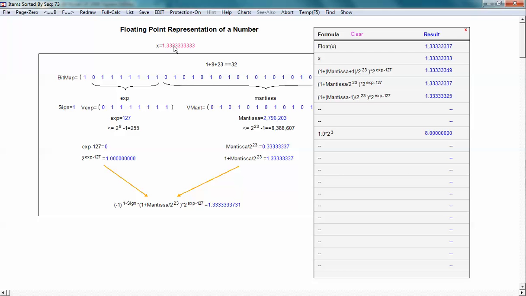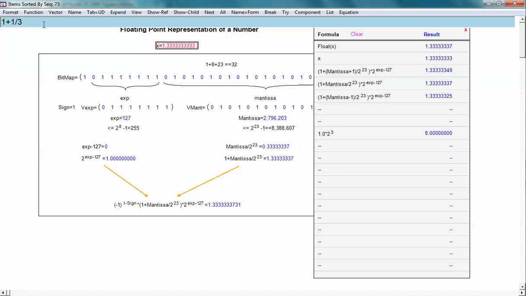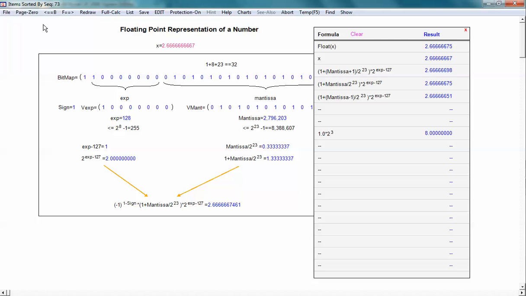So if I multiply this by 2, I'm always going to end up with a number between 2 and 4, not including 4. Look at what happens to the error now, or let's call it the gap between machine numbers. These are the machine numbers for anything between 2 and 4.